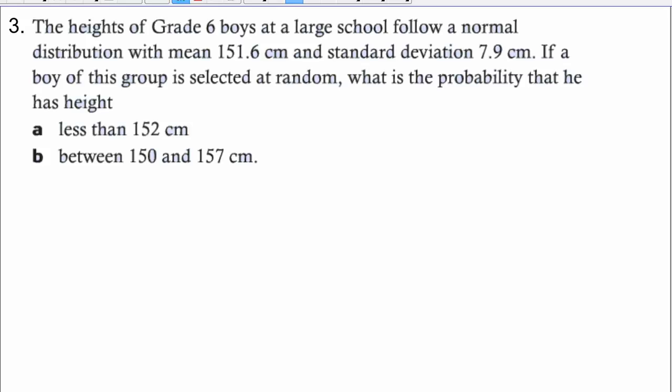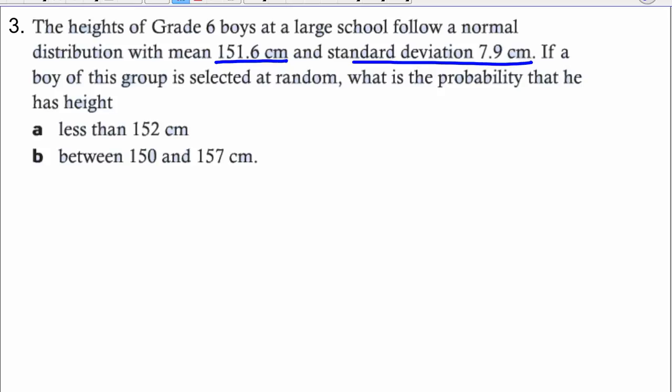The heights of grade 6 boys at a large school follow a normal distribution with mean 151.6 and standard deviation 7.9. If a boy of this group is selected at random, what is the probability that he has a height less than 152?